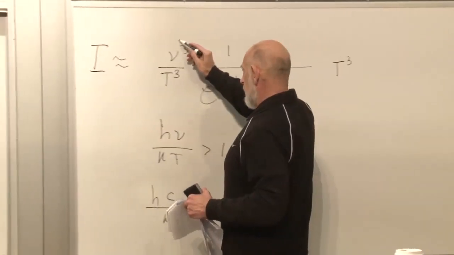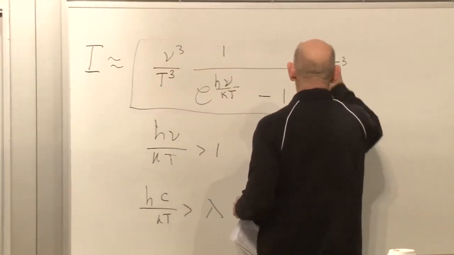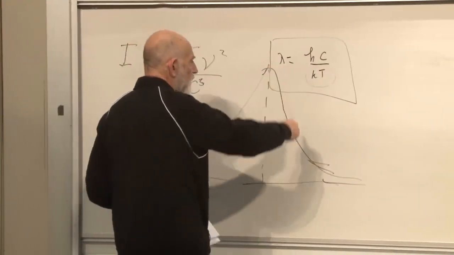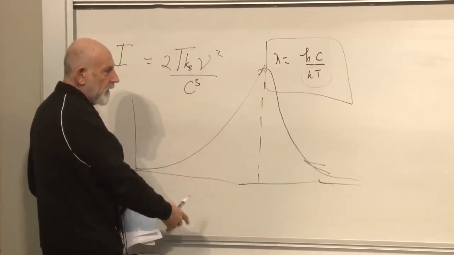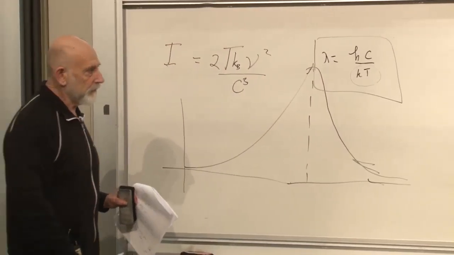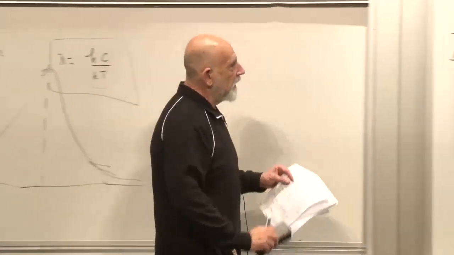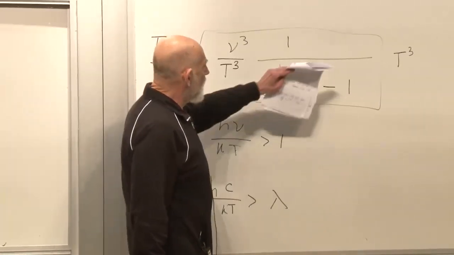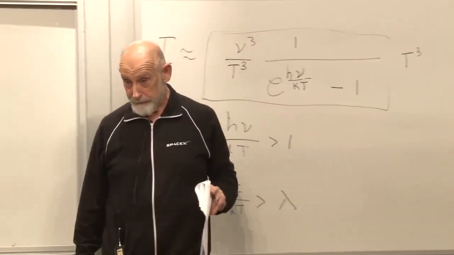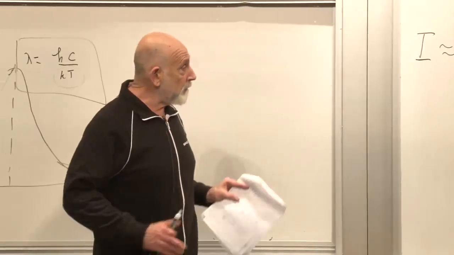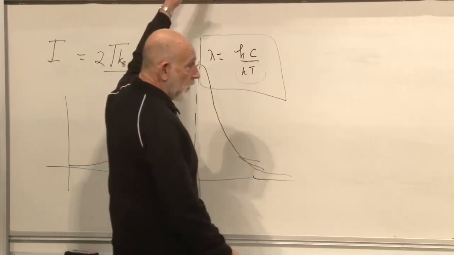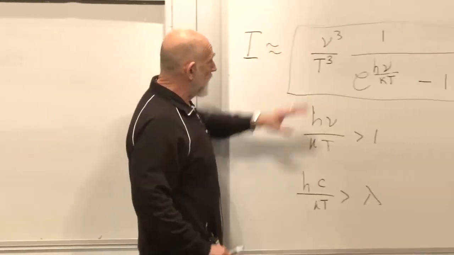What I'm interested in is the shape of the curve, and for the moment, not the height of the curve. The shape of the curve as a function of nu is not influenced by whether I do or don't multiply by T cubed here. Multiplying by T cubed simply changes the overall normalization height of the curve, but it doesn't change its shape.